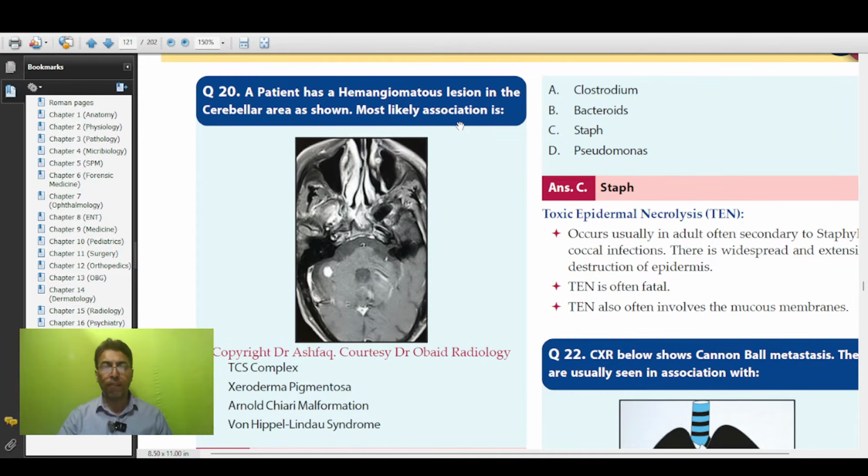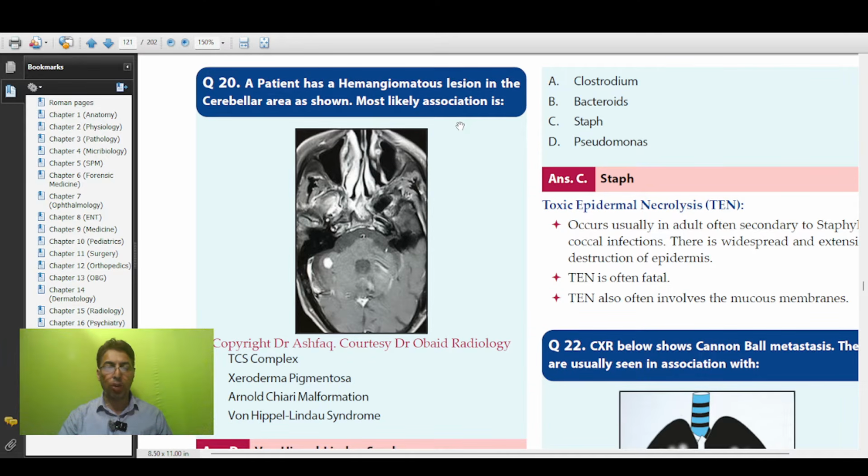So, as you are aware of the options: TSC complex, xeroderma pigmentosa, Arnold-Chiari malformation, von Hippel-Lindau disease. Now, we are well aware of xeroderma pigmentosa being a condition with a defect in DNA repair, the Arnold-Chiari malformation being almost a congenital defect in most cases, characterized by various features.